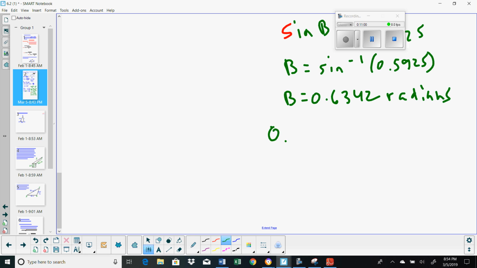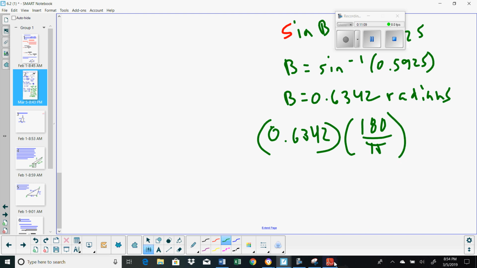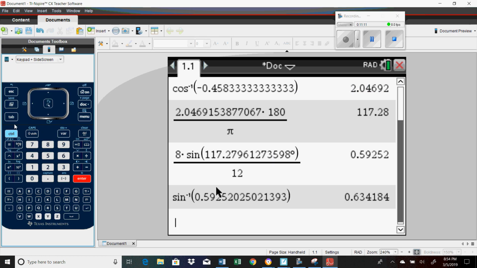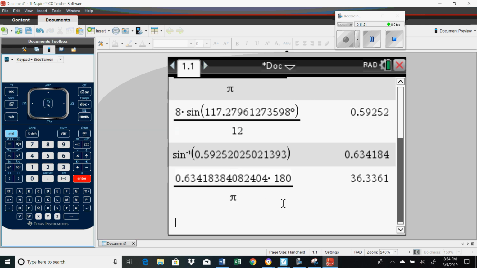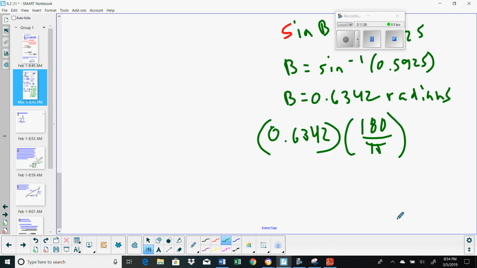So we're going to say 0.6342 times 180 divided by pi. On our calculator, I'm just going to say I want that answer times 180 and then divided by pi. All right, and when I do that, I end up getting 36.3 degrees for angle B.